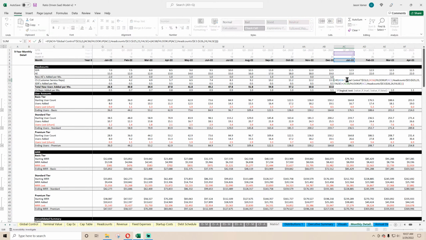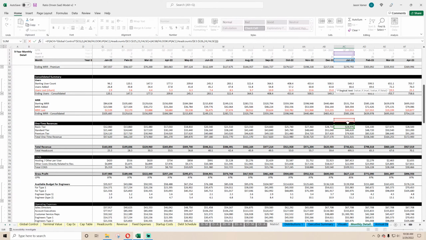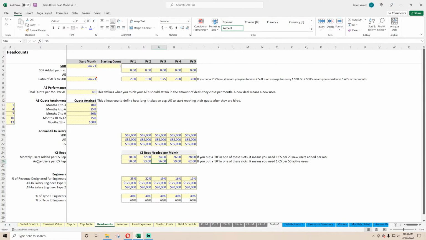Let's just make sure this is accurate. So then we want to do AC 66. So 66 is nothing. Divided by H, look at that, headcounts. 23 plus AC 68 divided. So 25 plus 26. Right, okay.